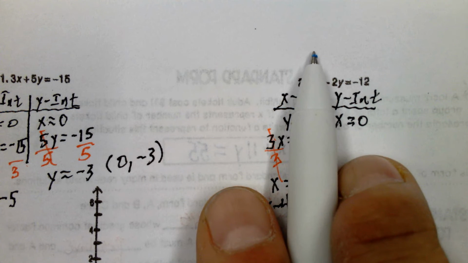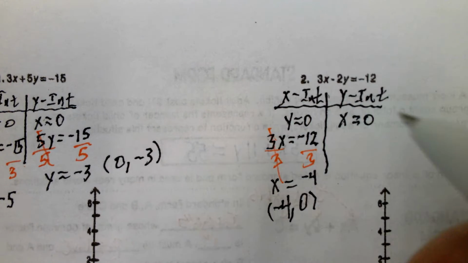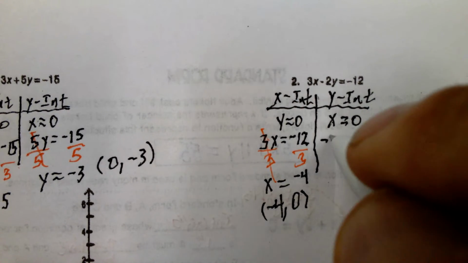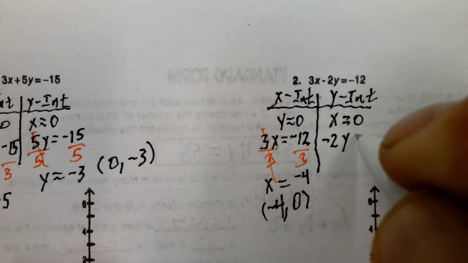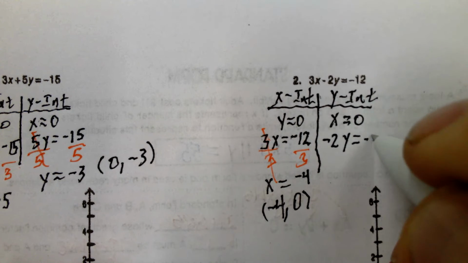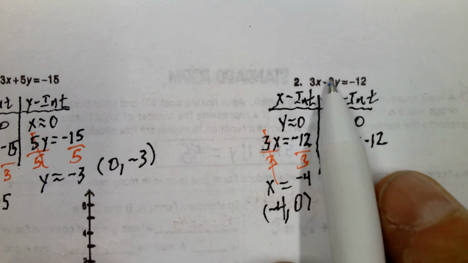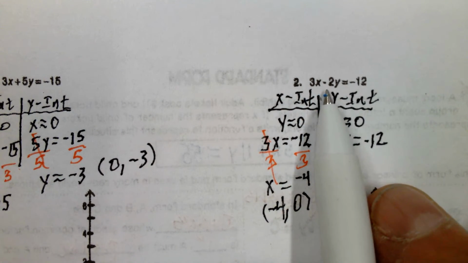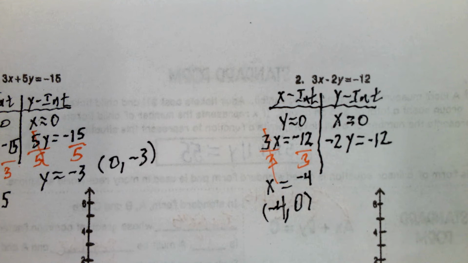This is the part that gets a little tricky. What's in front of that negative? What's in front of the 2? Minus. That makes it negative 2y equals negative 12. The minuses or pluses in front tell you if it's a positive or a negative. So this is negative 2y equals 12.